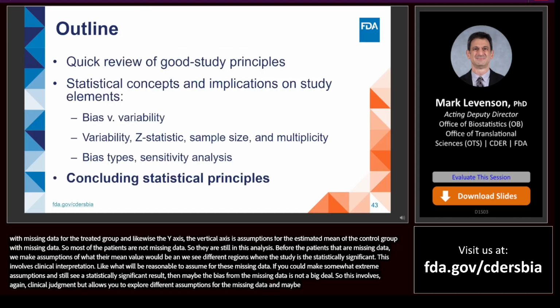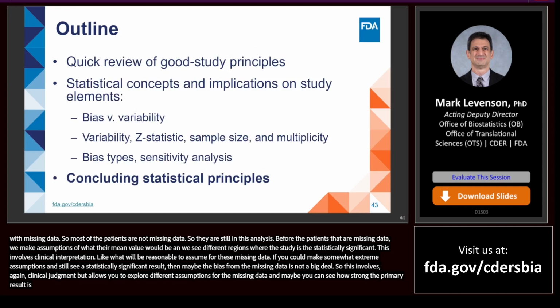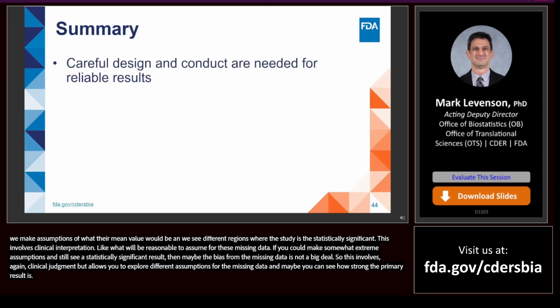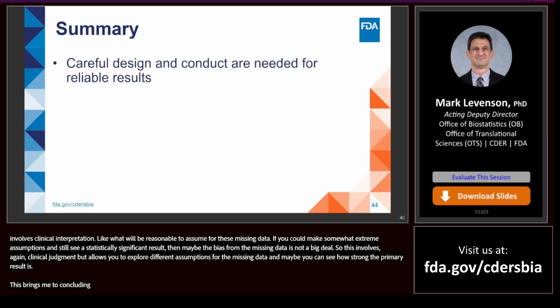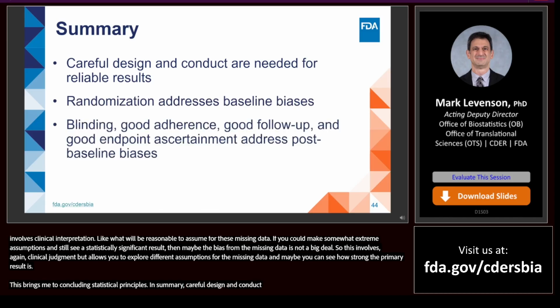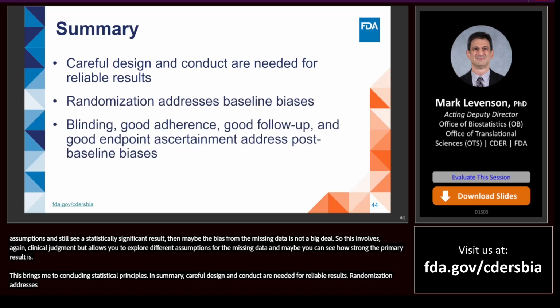This brings me to concluding statistical principles. In summary, careful design and conduct are needed for reliable results. Randomization addresses baseline biases. Blinding, good adherence, good follow-up, and good endpoint ascertainment address post-baseline biases.